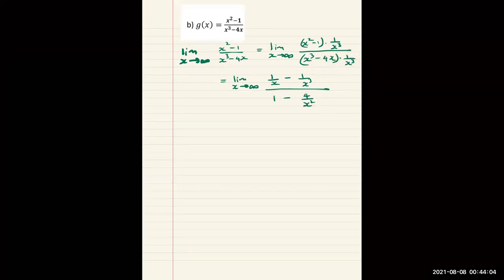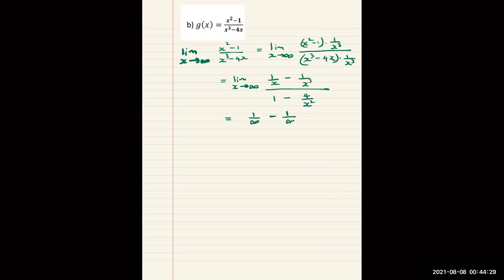Now let's try to get the form. As x goes to infinity, this takes the form 1 over infinity, right? At the top, I have the form 1 over infinity minus the second term. As x approaches infinity, this also takes the form 1 over infinity. It doesn't matter whether you have cube, square, whatever the power, this becomes infinity again.